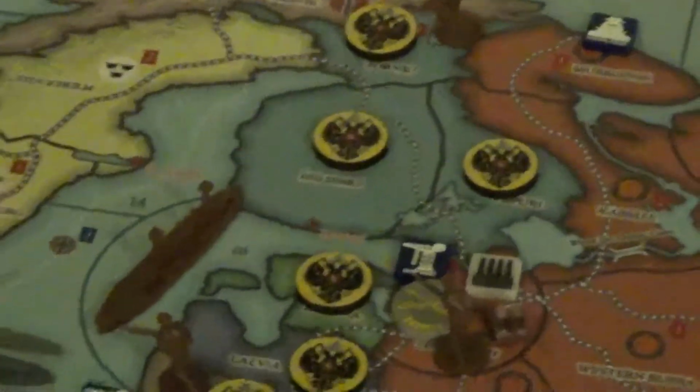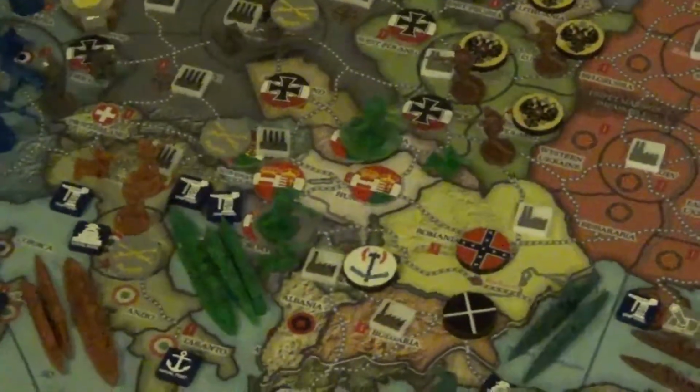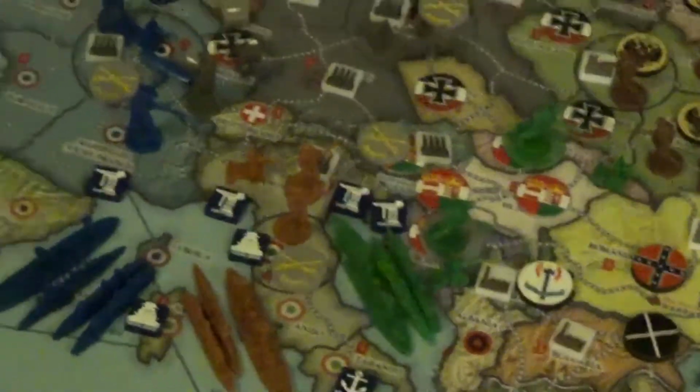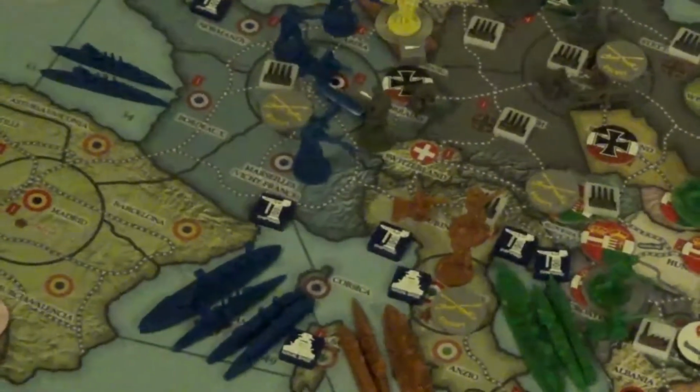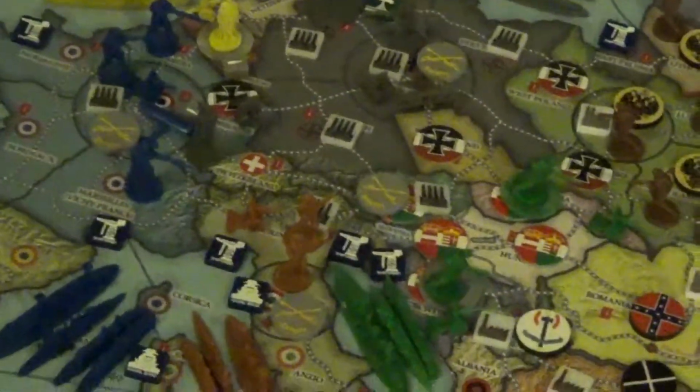There are a lot more technologies. Previous scenarios have only had one, maybe two technologies that you can research. There are now 6. Trenches are another thing that's new.